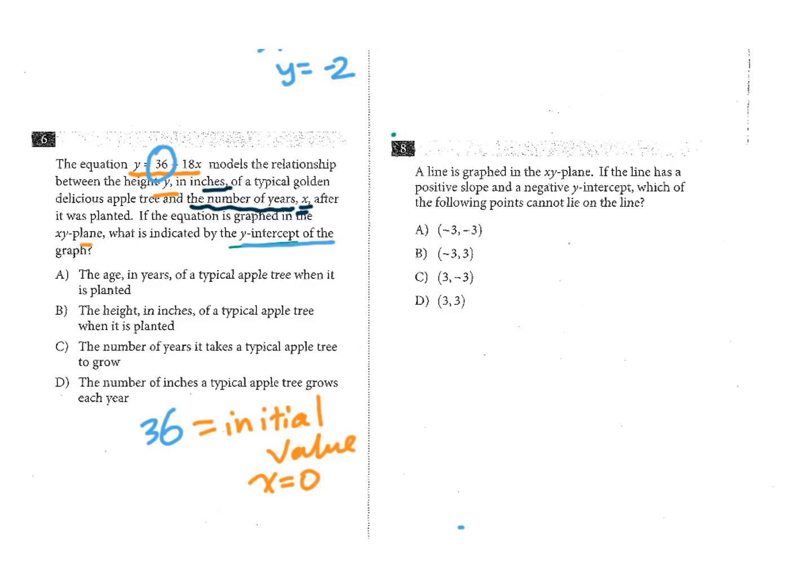Therefore, make sure that x equals 0 means the number of years is equal to 0. Therefore, B is the answer, the height in inches of a typical apple tree when it's planted. That means when x equals 0, what's the height of this tree?